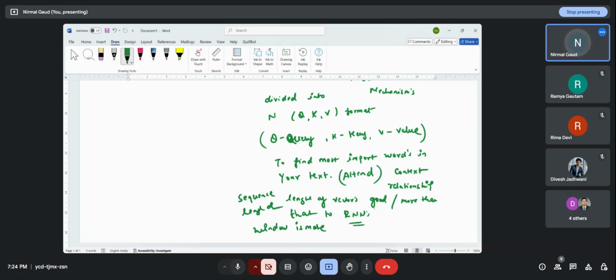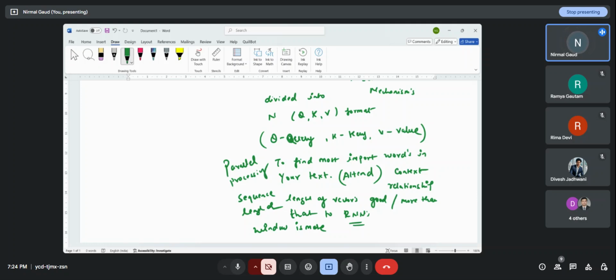So the drawbacks of RNN are covered in the transformer. Transformers can perform parallel processing, which is an issue in RNN. So right now we are in a better stage. Also, in RNNs there was no self attention mechanism. Later on we can add it, but the traditional architectures don't have a self attention mechanism.